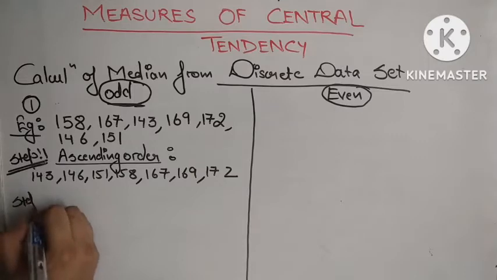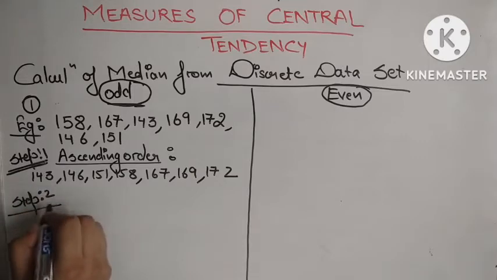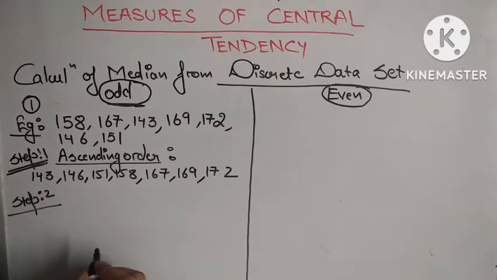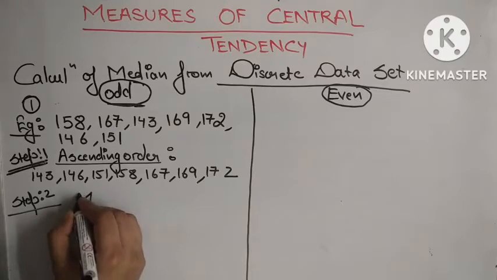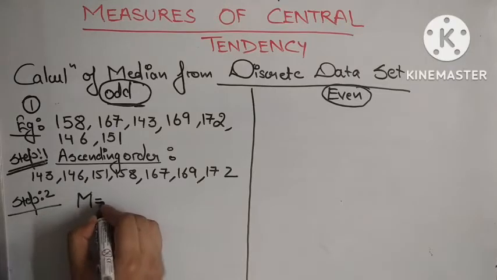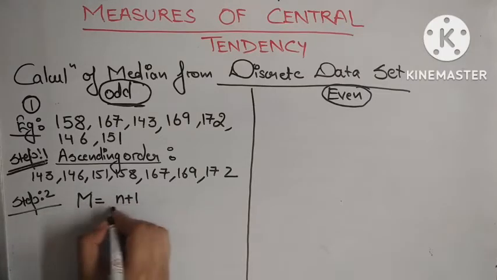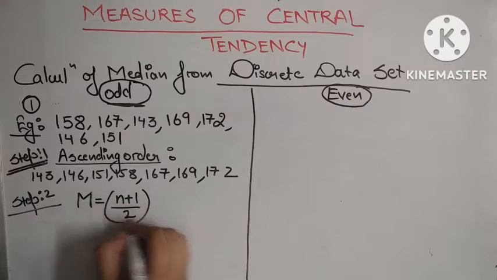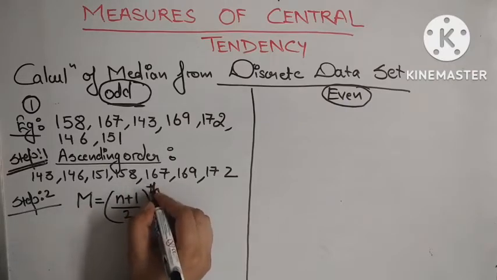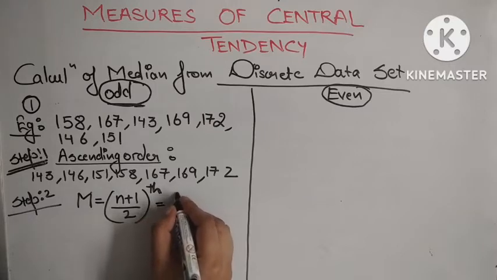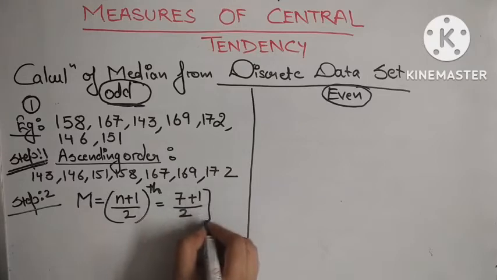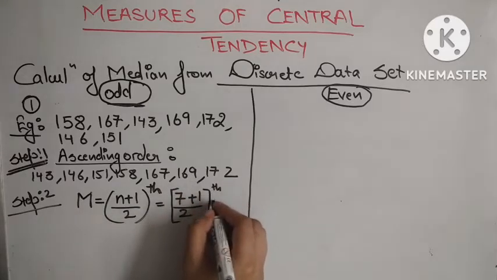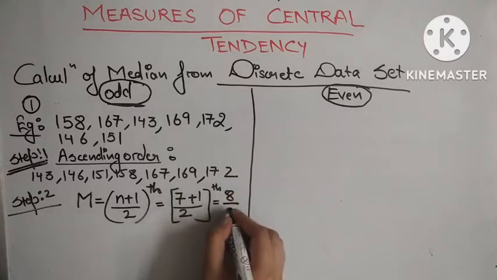Then step number 2 says that you have to use the formula which I have told you, that median is denoted by M, (n plus 1) by 2th value. So n we have seen is 7, plus 1 by 2, that is 8 by 2.